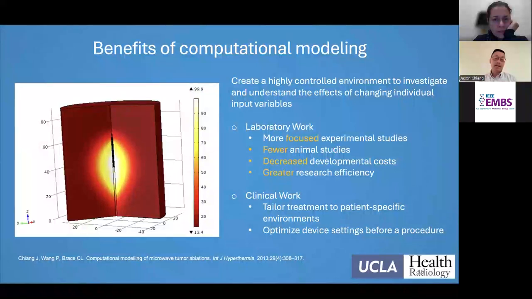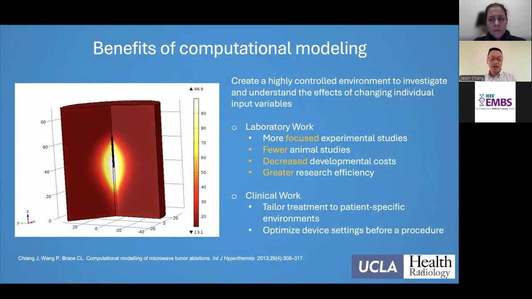And on top of being a way to improve your research workflow, clinically, you can actually add certain complexities into these models that may help you decide on your treatment strategy. So whether it's a patient with cirrhosis and low water content in their liver, you can add that into your model beforehand and see, well, is my ablation zone going to get bigger or smaller in a cirrhotic liver?